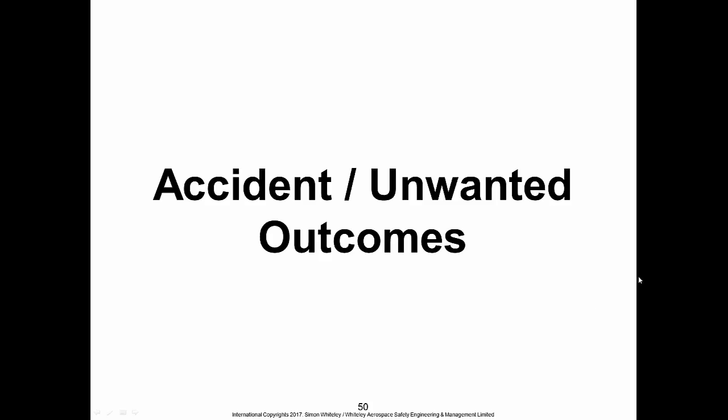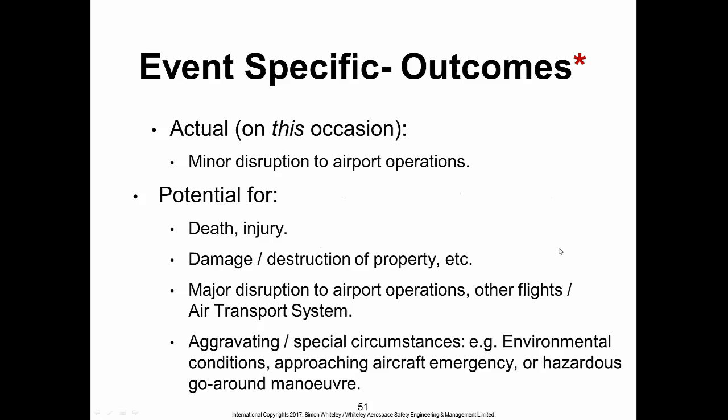So first off, the accident and unwanted outcomes. On this particular occasion, for this particular incident, there was no collision. It was minor disruption to airport operations, if that. But there was significant potential for death, injury, damage, destruction of property, major disruption to airport operations, other flights, the national air transport system, and beyond.